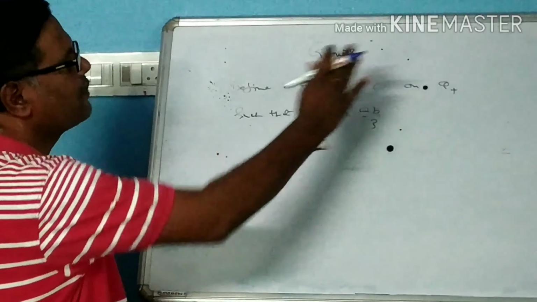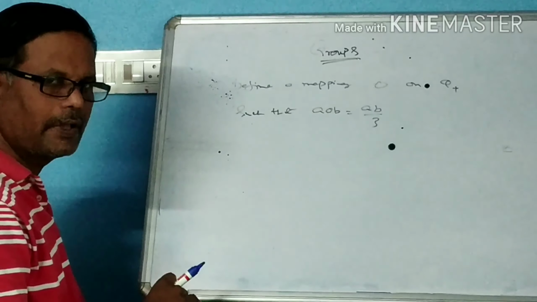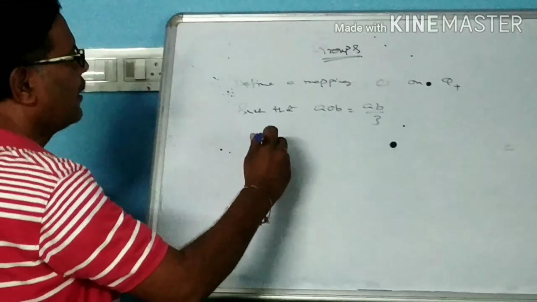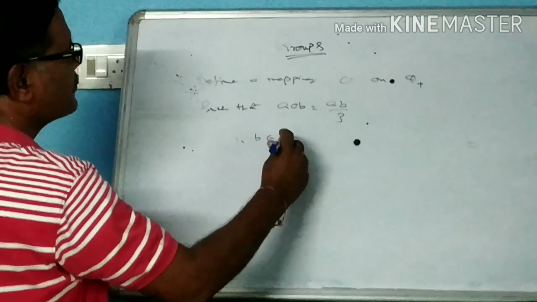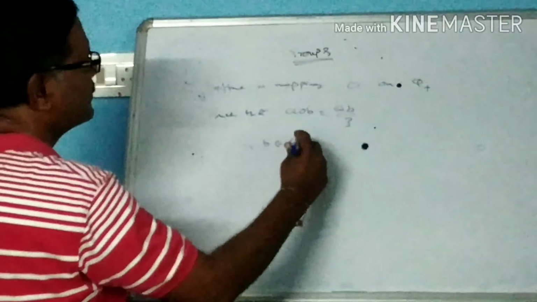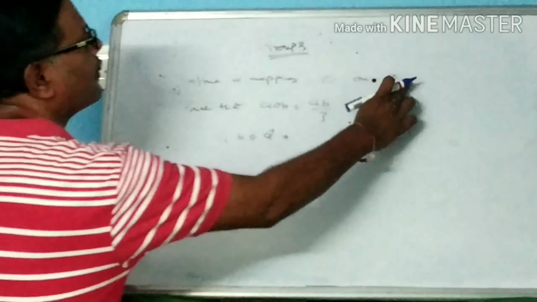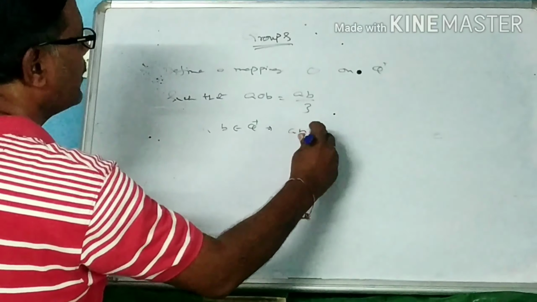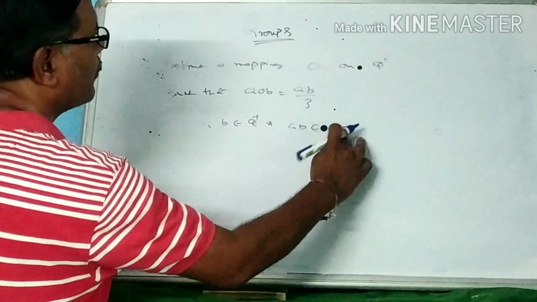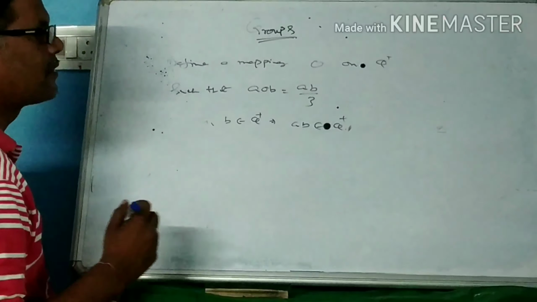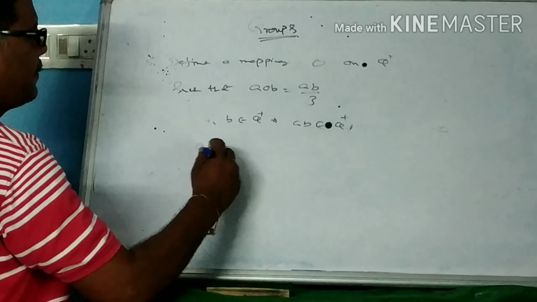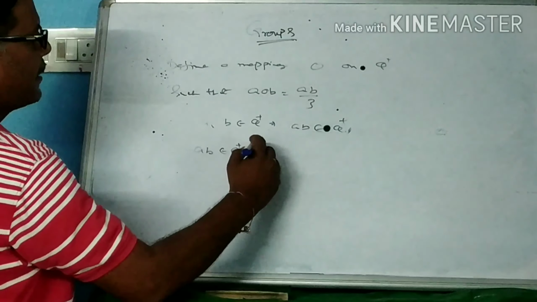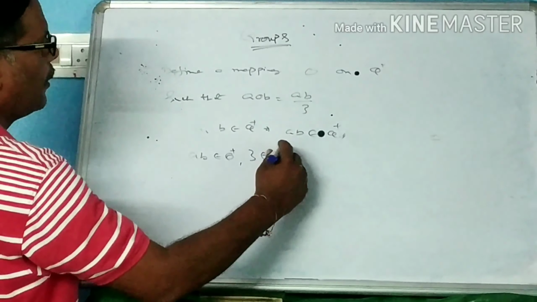Q plus means the set of all positive rational numbers. Here a, b belongs to Q plus. This means ab belongs to Q plus, and 3 belongs to Q plus.